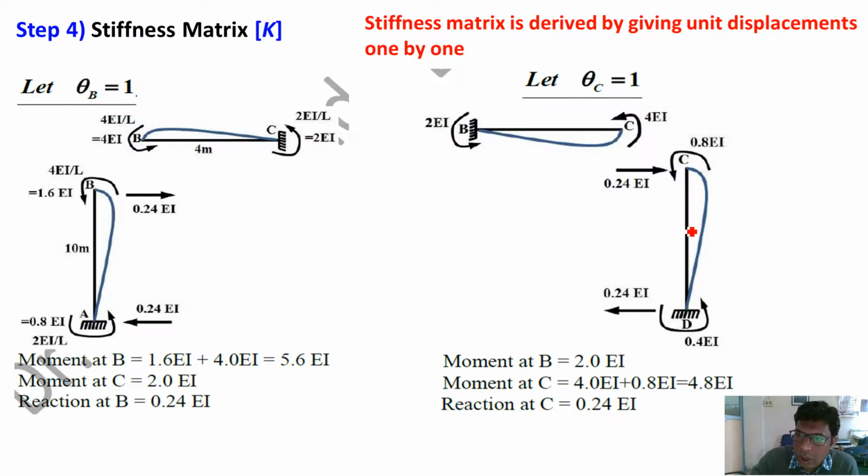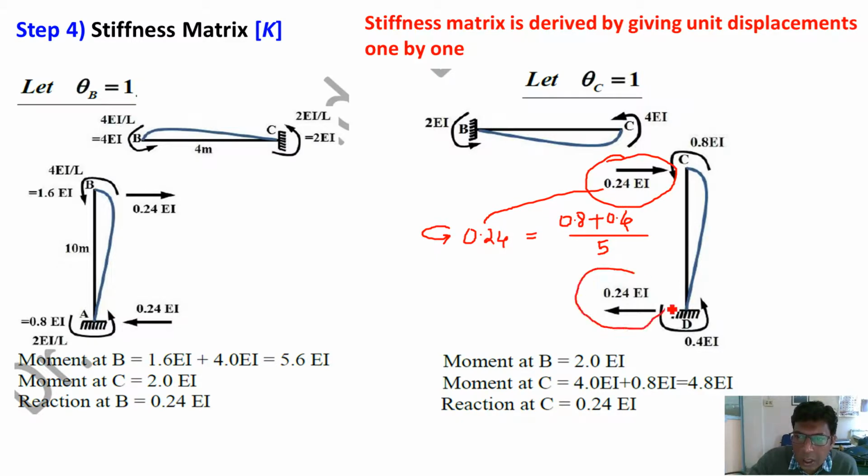So reactions of the column are sum of moment divided by span. 0.8 plus 0.4, sum of moment, both are anti-clockwise so positive, divided by span 5. 1.2 divided by 5, answer is 0.24. This answer is positive, that is anti-clockwise. So reaction couple will be clockwise, that is top towards right and bottom towards left. It is a clockwise couple. So magnitude is 0.24.